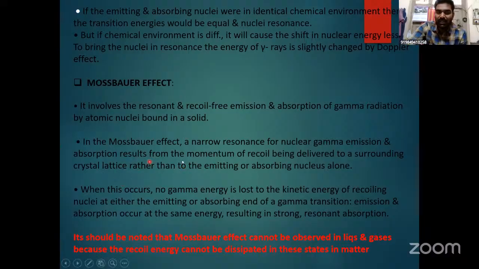As the nucleus goes from the ground state to the excited state and back, it releases gamma energy. The recoil is taken up by the solid crystal to which the nuclei are bound.